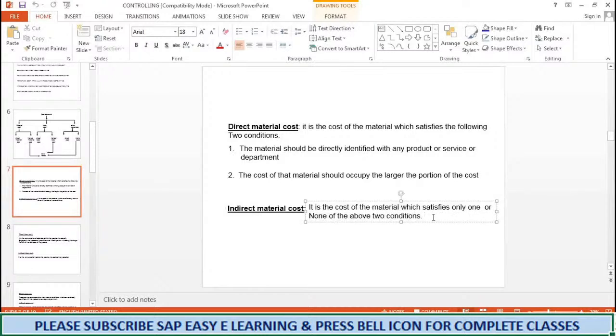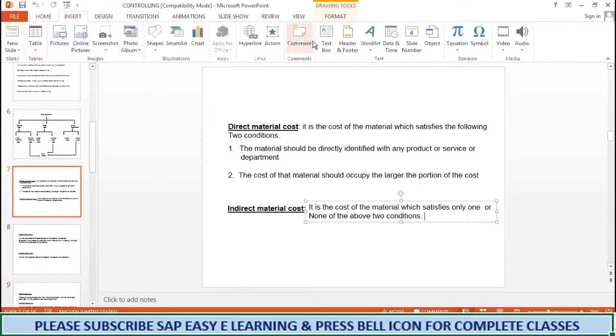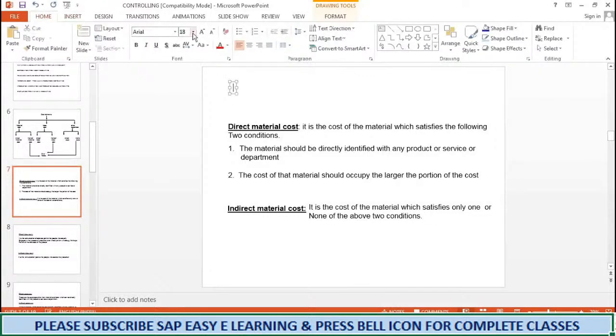Let us take one example, the computer table. In order to manufacture the computer table, we require wood, number two, iron frame, and number three, nuts and bolts. I am talking about the traditional computer table, right? Let us assume these are the three materials we are using to produce one computer table.